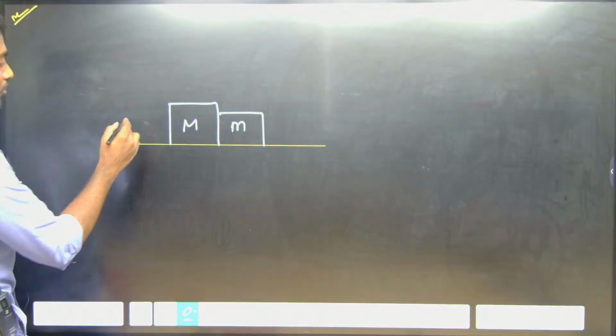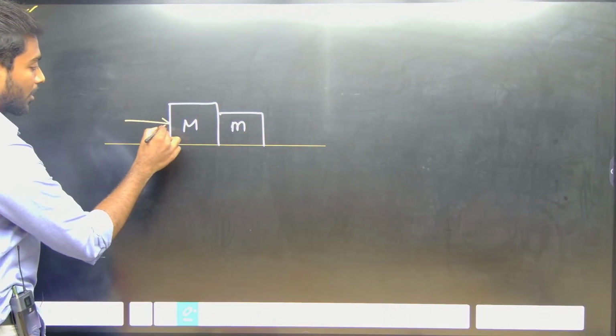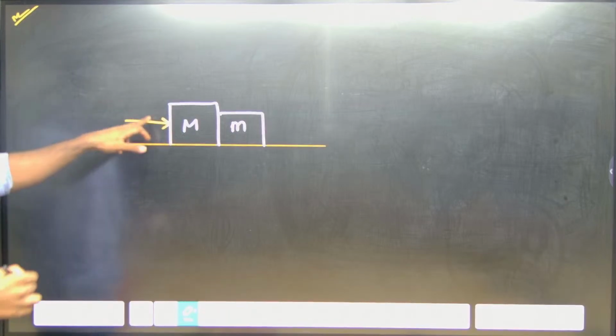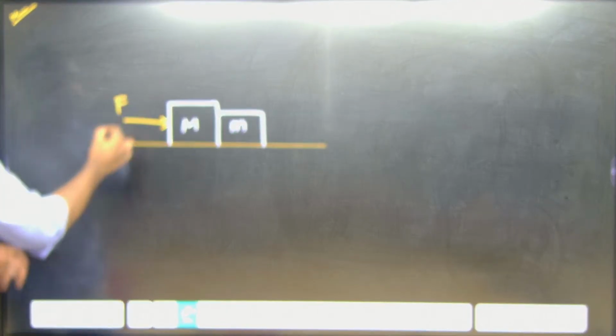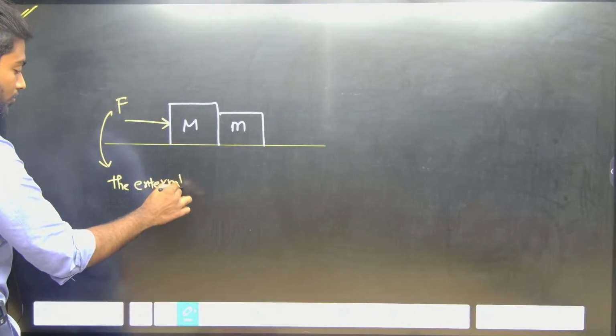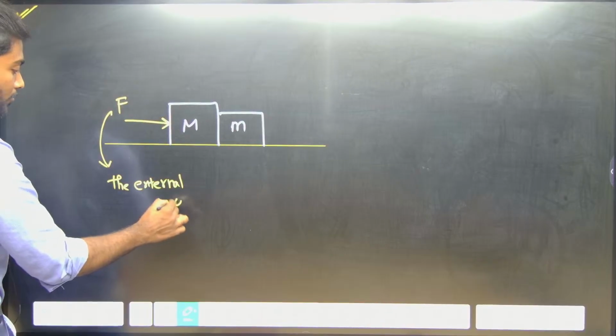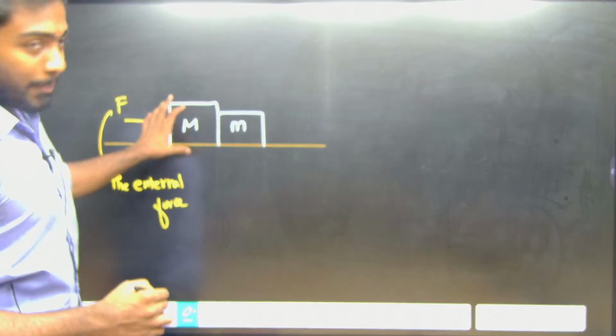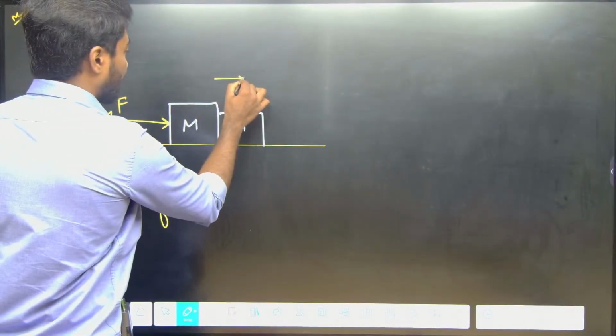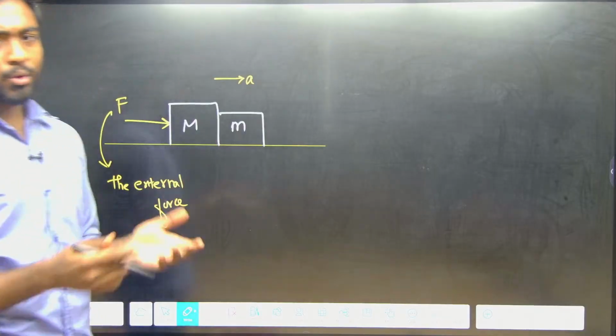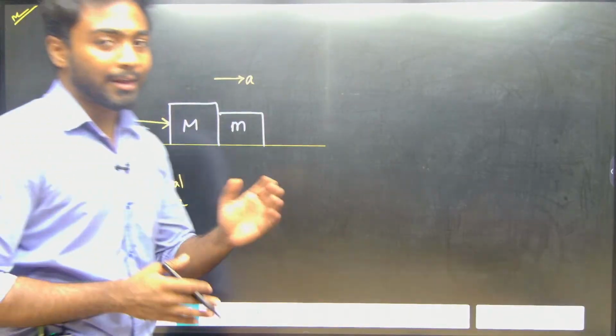Now I am applying an external force on this object. So this block will move in the right direction with the acceleration A. We don't know that acceleration. We need to find that acceleration.